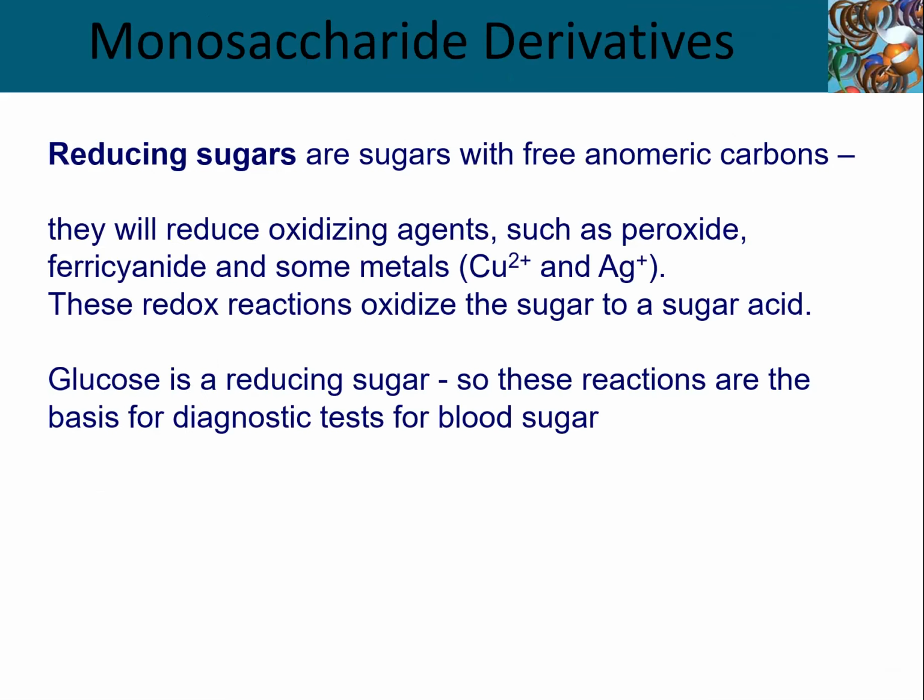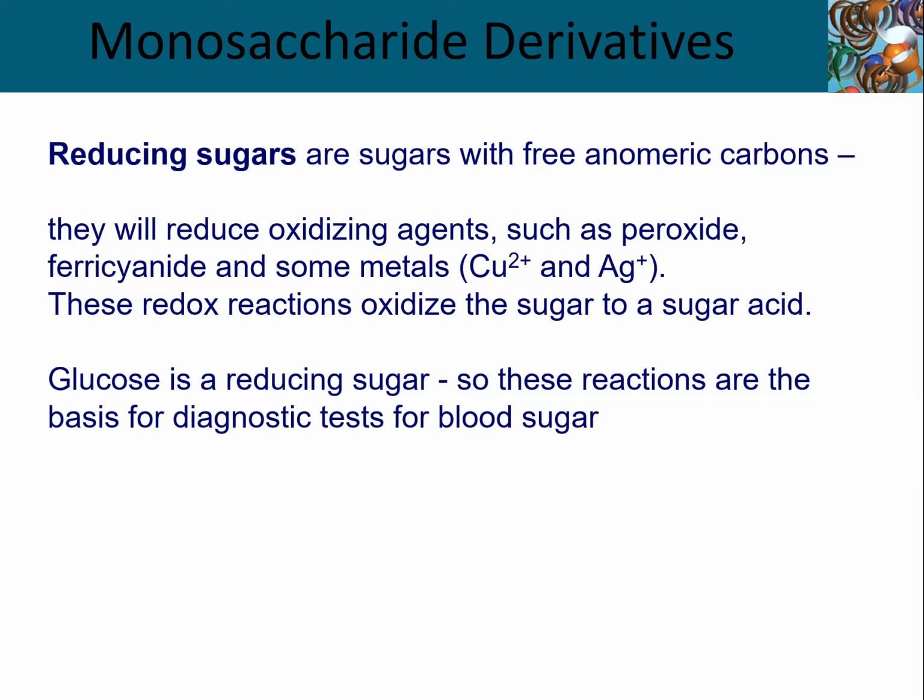Before we do that, one of the questions, because I really like to point out questions that you're going to absolutely see on multiple choice style exams, would include reducing sugars. So what is a reducing sugar? What is not a reducing sugar? A reducing sugar is a sugar which has a free anomeric carbon.